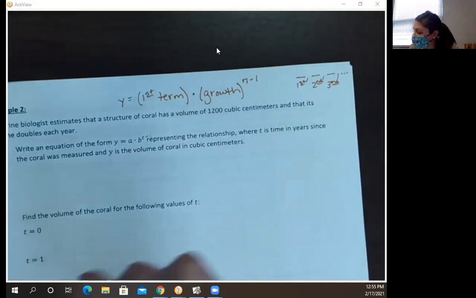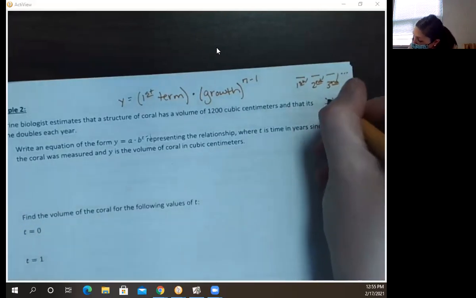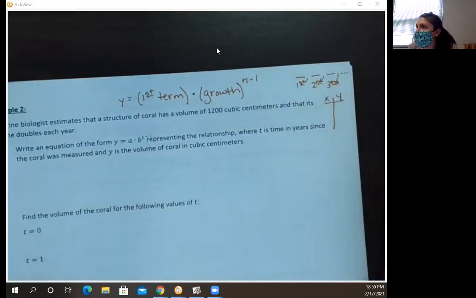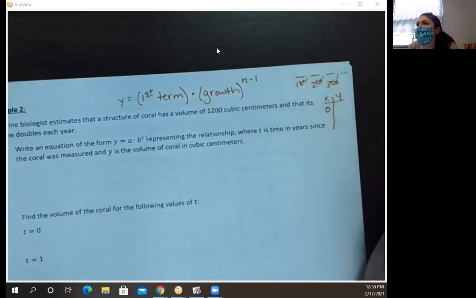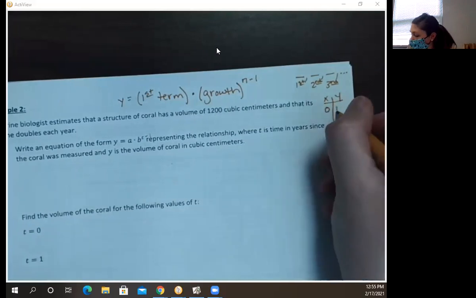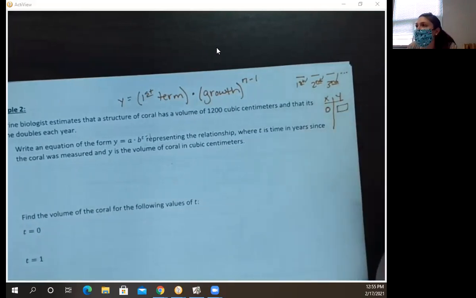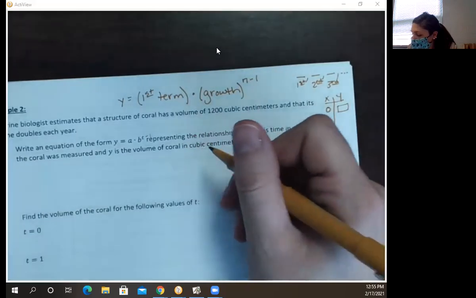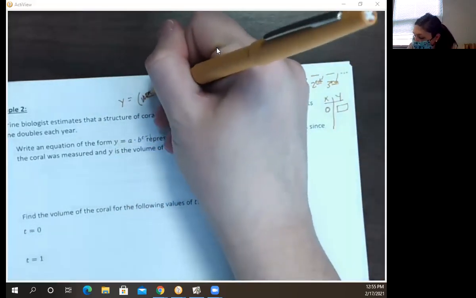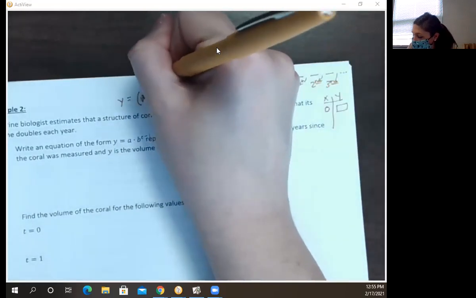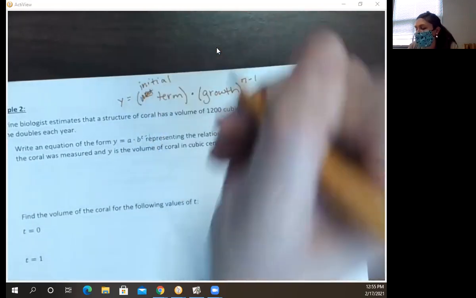But when we talk about a function and having x and y values, I could actually have a value of x that's 0. And then whatever my corresponding y value is. So that's what we're looking at here. So instead of first term, we're going to just modify this slightly to be, for today, our initial term.